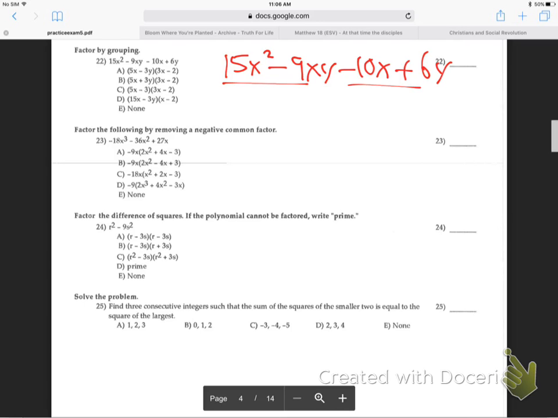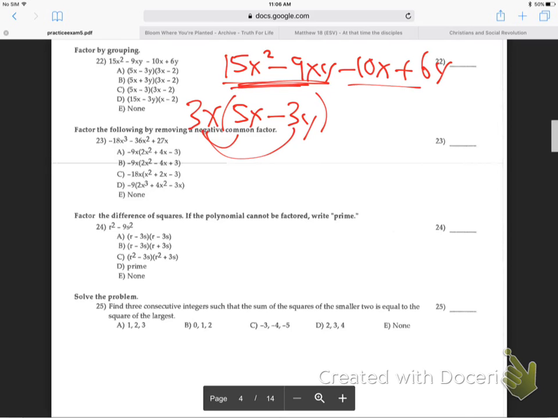What do the first 2 have in common? What goes into 9 and 15? 3. What letters do they both have? X. What works? 3x times 5x, 3x times minus 3y, right? Minus 9xy, yeah. Good so far?